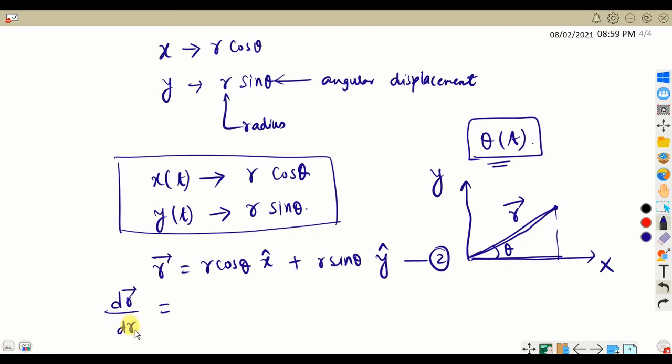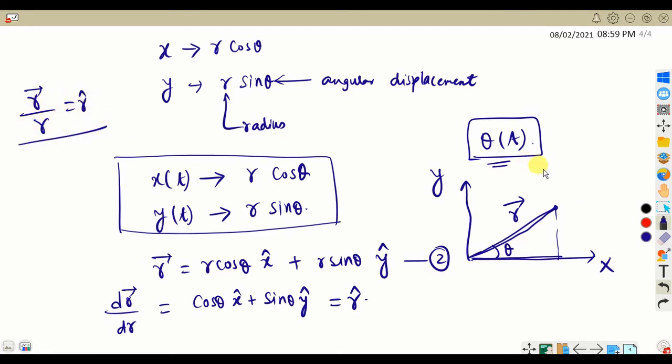Because r is not a function of time, I am differentiating with respect to r. Therefore this will be cos theta x hat plus sin theta y hat, and this is equal to r hat. The r vector over the magnitude of r gives the unit vector of r, so this gives you the increasing direction of r.